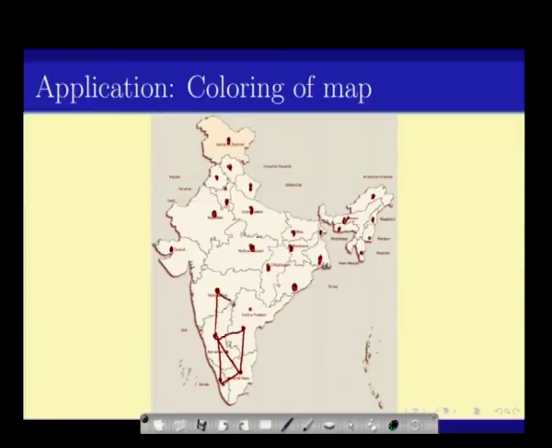we keep on drawing edges depending on whether they share a common boundary or not. Now, once we have done this, we have a graph and we can throw away the map, and let us see what happens when we throw away the map.